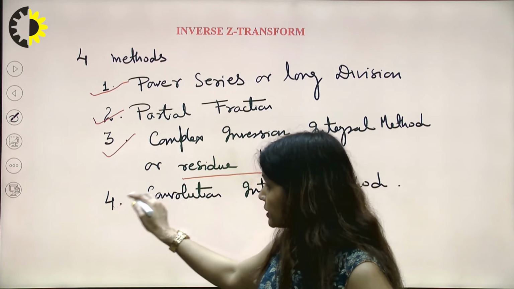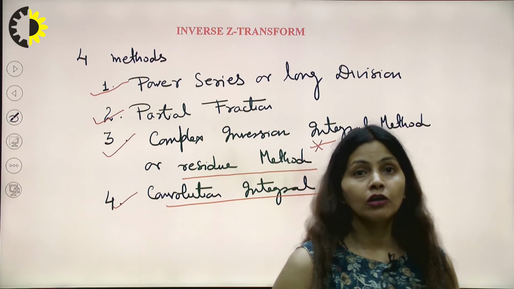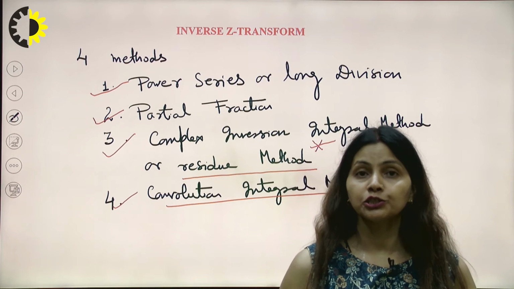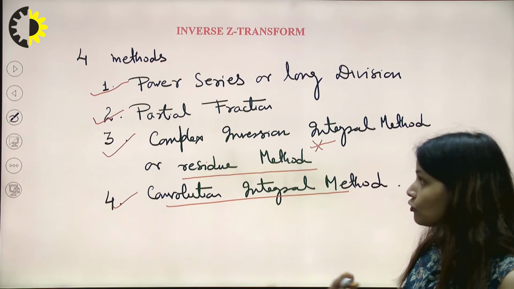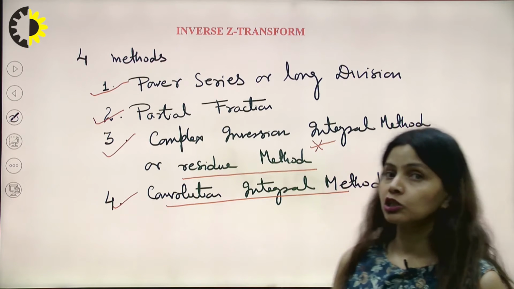And the fourth method is the convolution integral method. Let us understand all the methods one by one, and what the advantages and disadvantages of these 4 methods are.